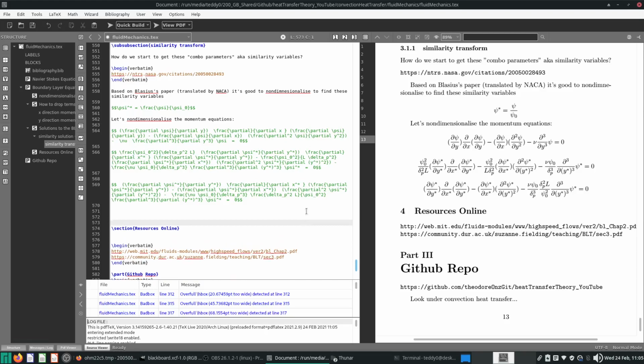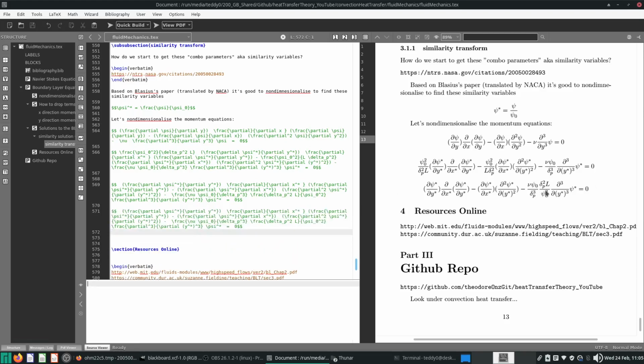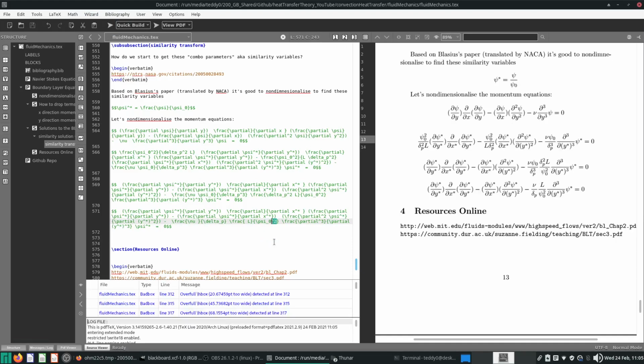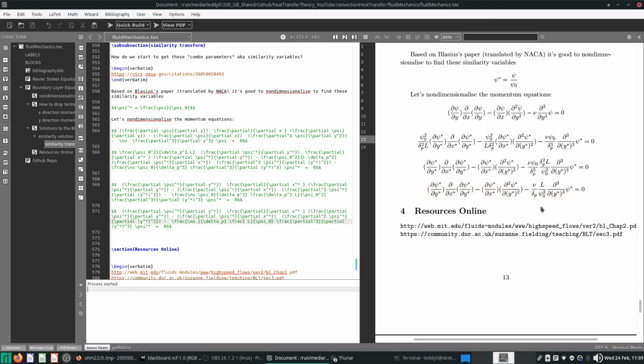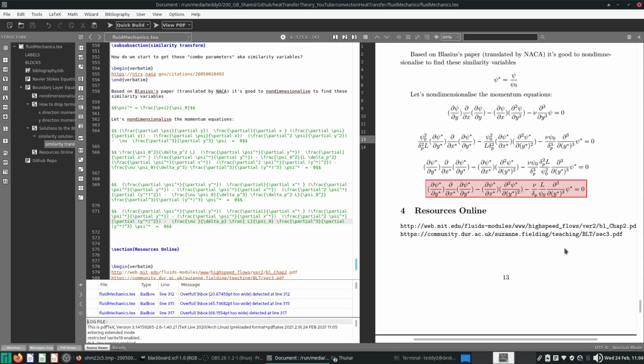Now, after some terms cancel out, delta p squared should cancel out with delta p cubed at the bottom, and psi should cancel with the psi naught squared. There's still a little bit more to go. So we have this dimensionless group here.